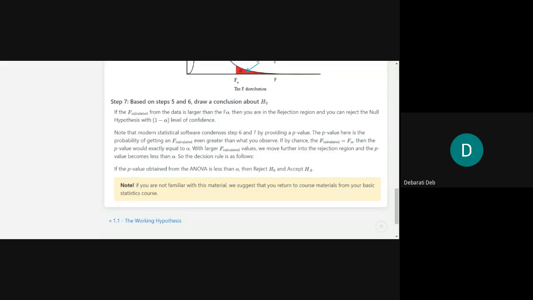Whereas if the calculated value of the test statistic, that is F or Z or T, is less than the tabulated value, then you accept the null hypothesis and reject the alternative hypothesis. Do you understand? If you are really interested in this study, you can write it down somewhere.